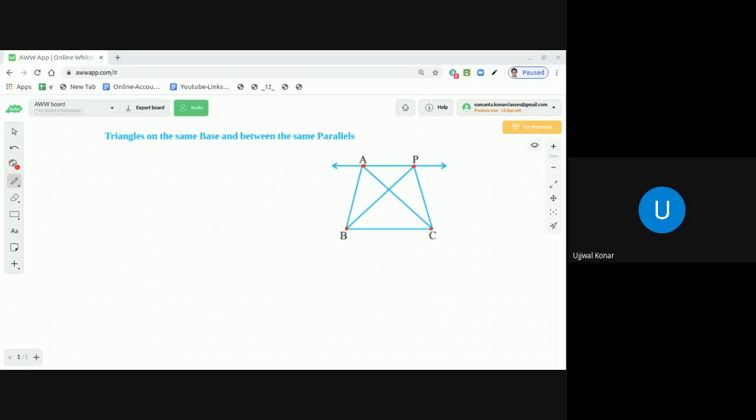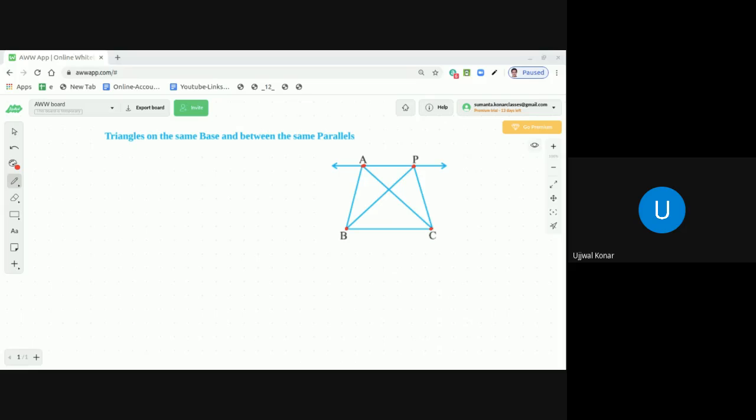Now the point is how we can prove it. The question is to prove it. There are multiple ways you can prove it, and the first method is by means of some construction.